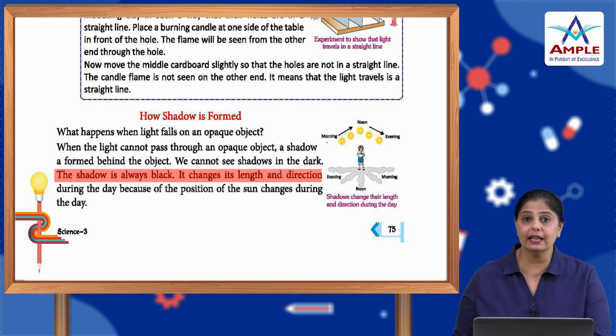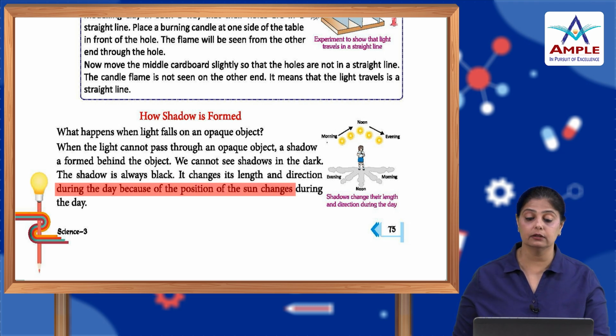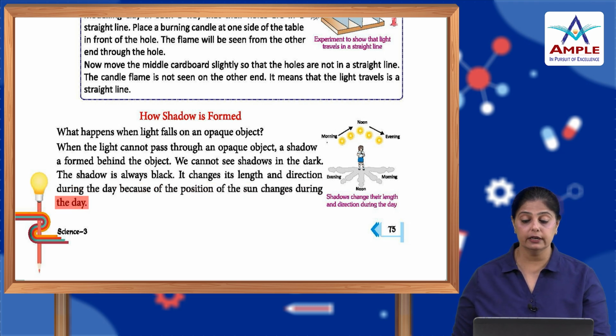It changes its length and direction during the day because of the position of the sun, which changes during the day. Suppose you are standing in the morning; in the morning and evening your shadow is the longest.